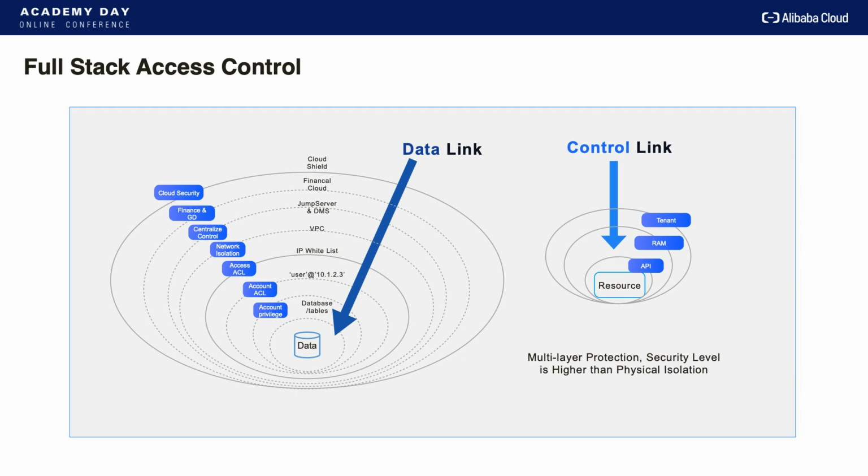If any of these layers returns a negative signal, the access will be denied. So this is truly multi-layer protection, and the security level is actually higher than just physical isolation. Although it's in a shared cloud environment, because of the security team's knowledge, we actually provide more security and more protection compared to an on-prem deployment.